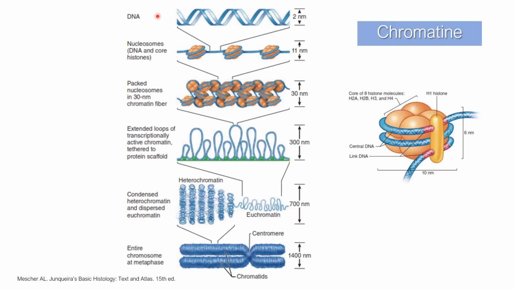This is the 2 nanometer DNA double helix, followed by the association of DNA with histones to form the 11 nanometer filament of nucleosomes connected by DNA. And look at this nucleosome. A nucleosome has an octameric core complex made up of 4 types of histone: H2A, H2B, H3, and H4.